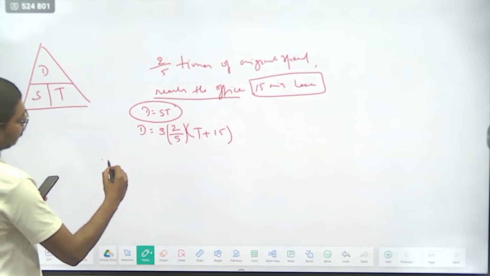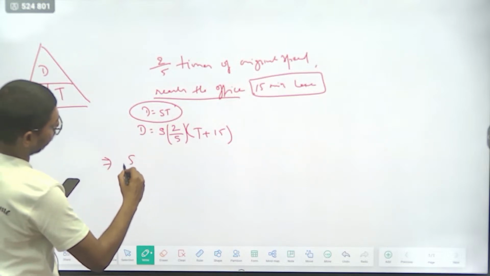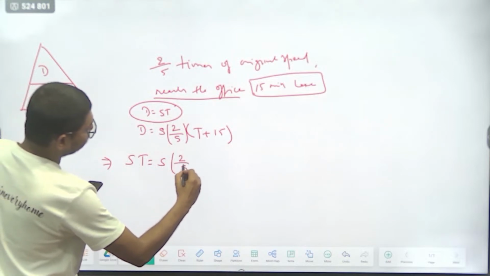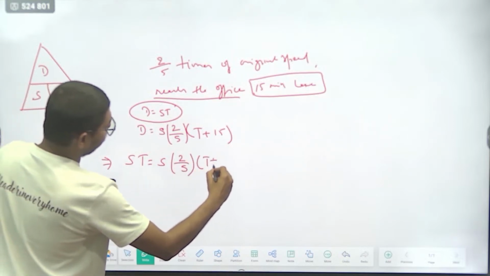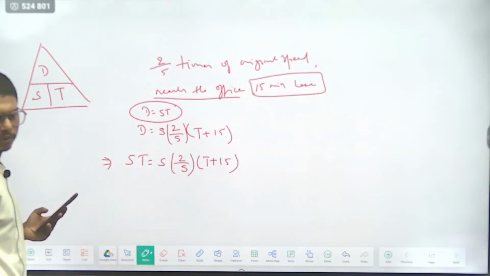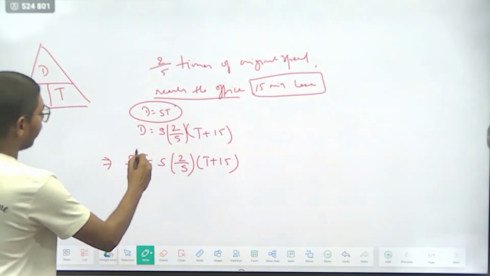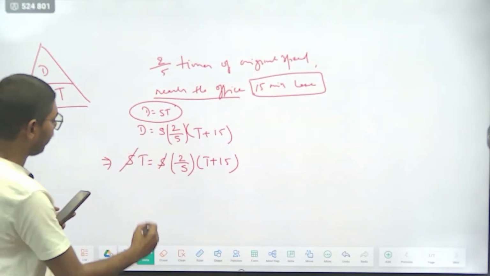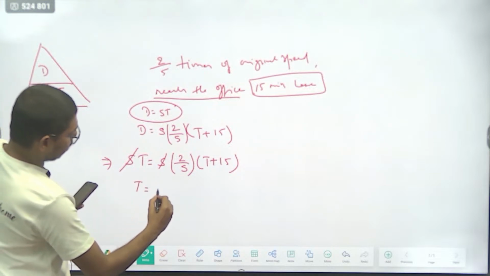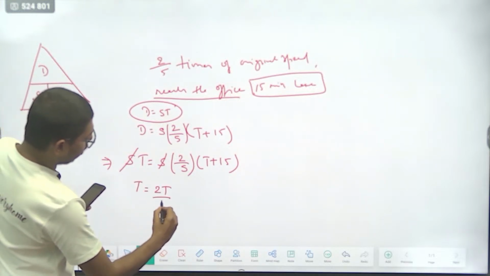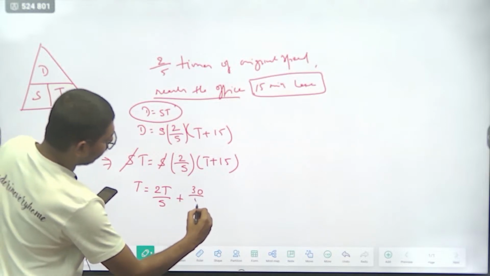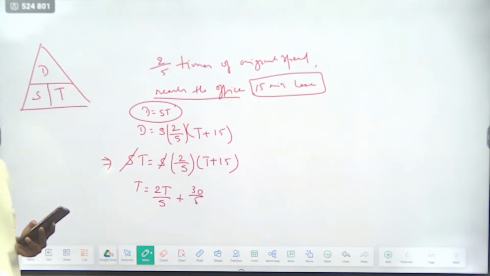Can we put this one over here? D is equal to ST is equal to S into 2 by 5 into T plus 15. Can we do that? S gone. That means T is equal to 2T by 5 plus 30 by 5, or otherwise 6.